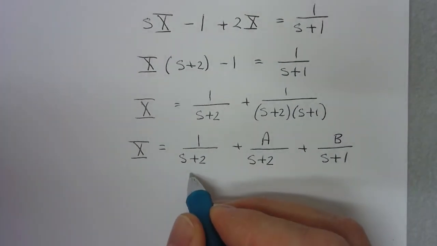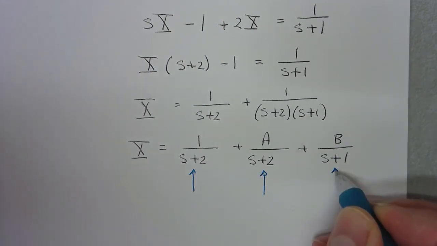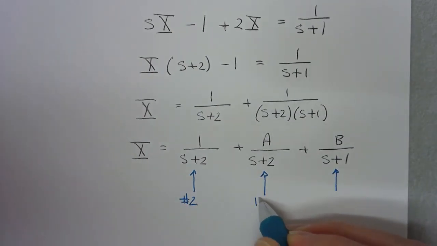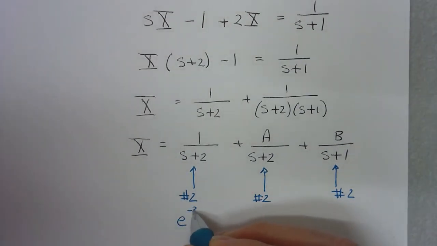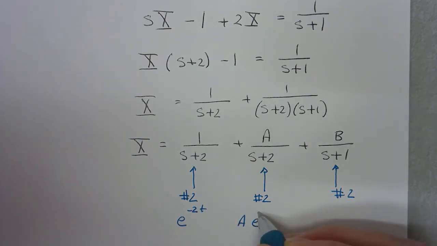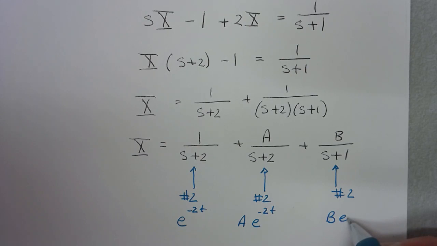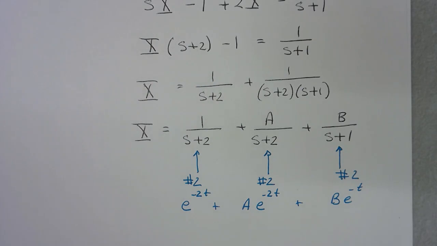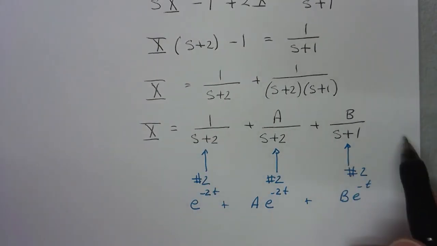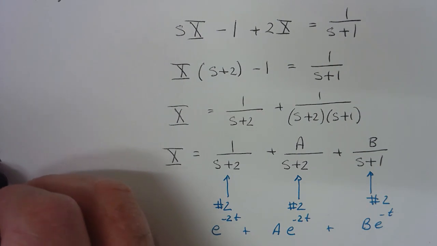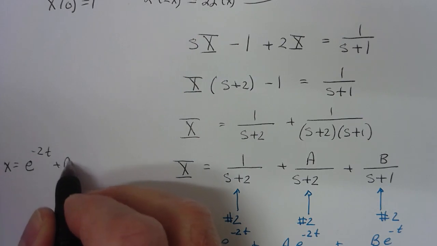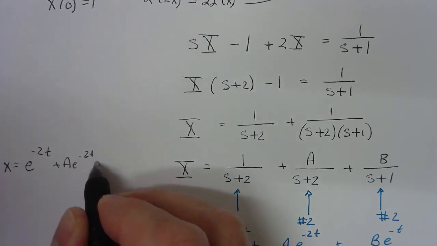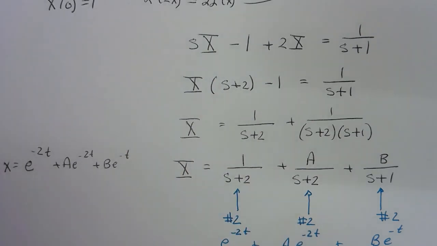Now, these are all an example of number 2 on the table. This is an e to the minus 2t. This is an a e to the minus 2t. And this is a b e to the minus t. So this whole thing is the Laplace transform of a solution, which is e to the minus 2t plus a e to the minus 2t plus b e to the minus t.